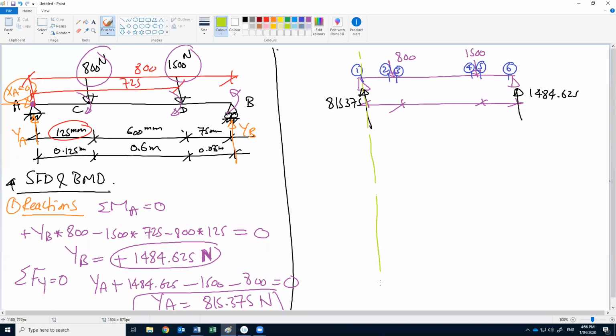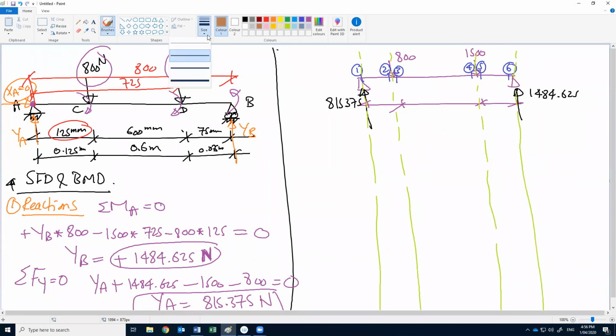So these are our guidelines. We have 4 guidelines here, and now we have our datum, and this will be our shear force diagram. If we start at section 1, what causes shear at section 1? 815.